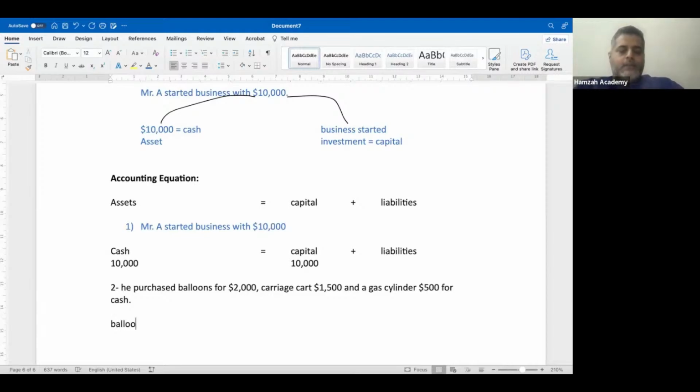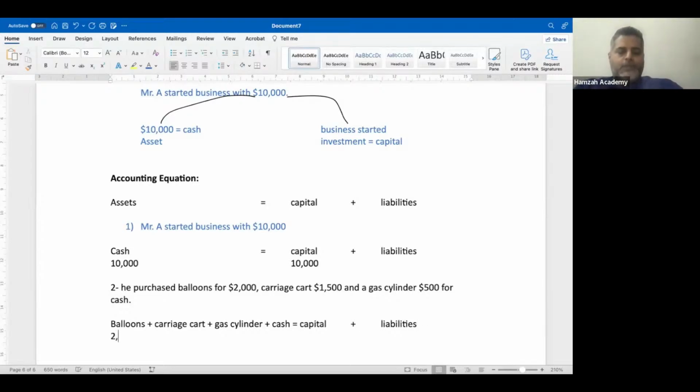Balloons plus carriage cart plus gas cylinder plus cash is equal to capital plus liabilities. I'll write the capital right over here as well.